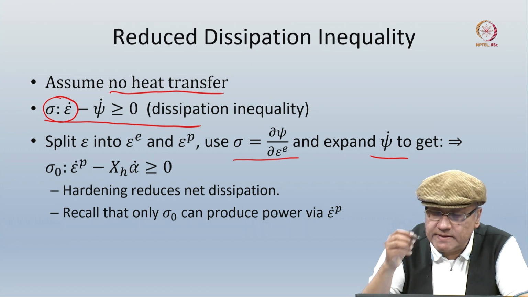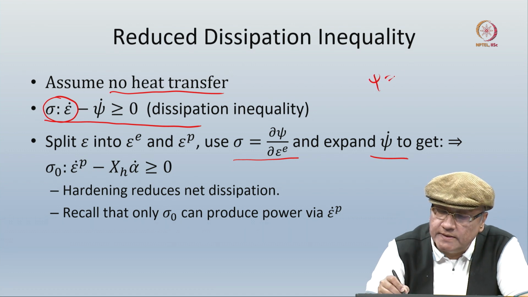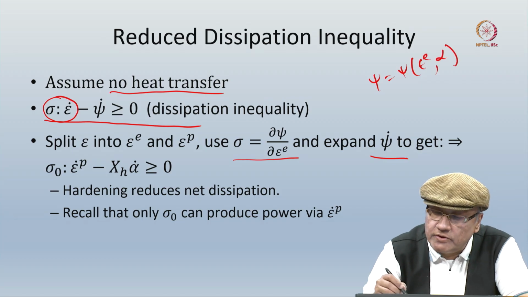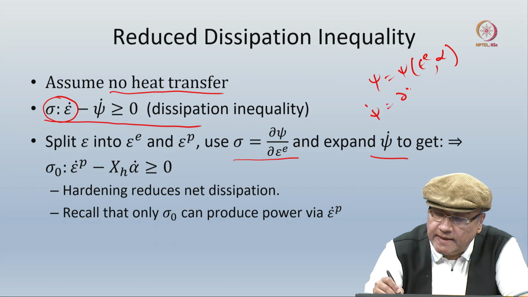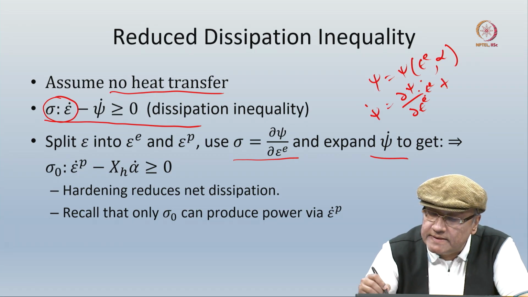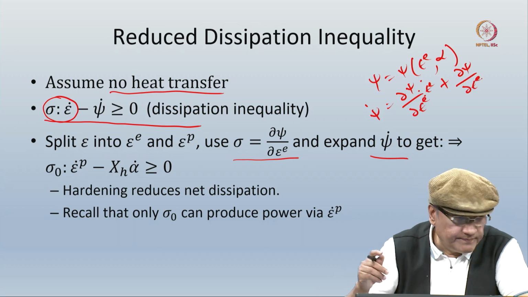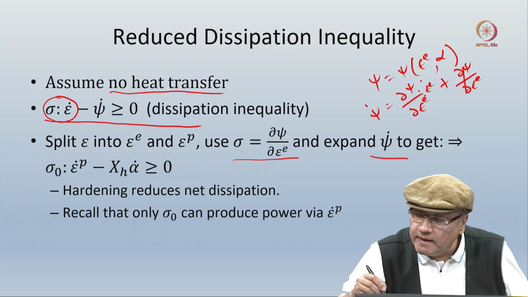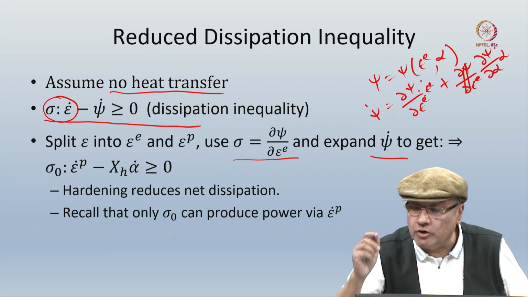So psi is basically a function of epsilon E and alpha, correct. So psi dot will be del psi by del epsilon E colon epsilon E dot, with a colon here because these are matrix multiplications, plus del psi by del alpha times alpha dot, correct.